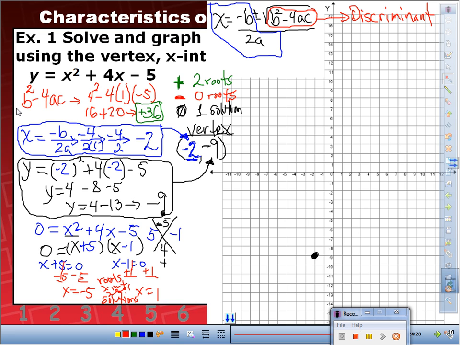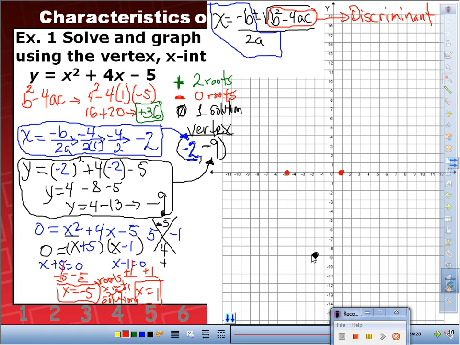So let's see if we were correct with our prediction. In step 2, what did we predict? How many roots? 2. Did we end up with 2 roots? Yes. Here's 1, and here's the other. So let's plot those. Let's plot all our information. My roots are -5. Here it is. My other one is 1. Did we plot our vertex already?